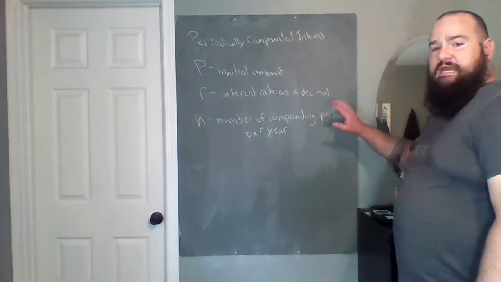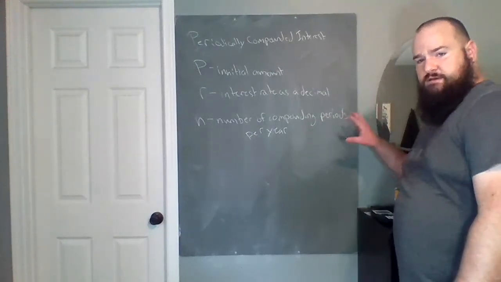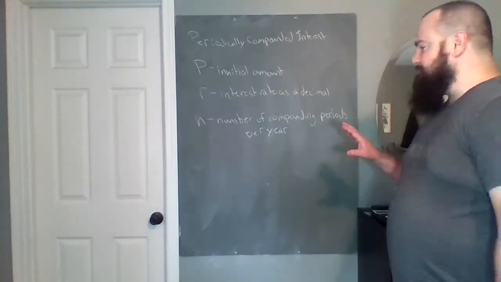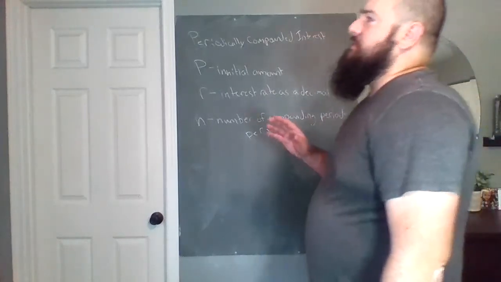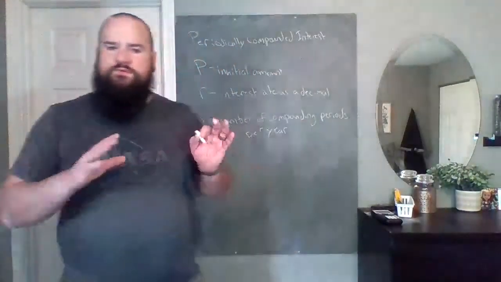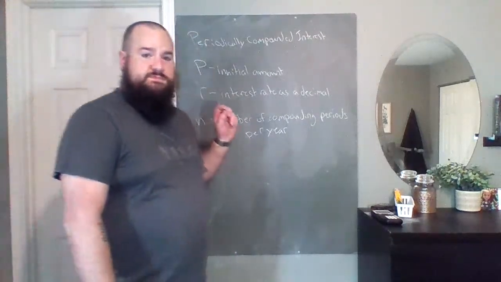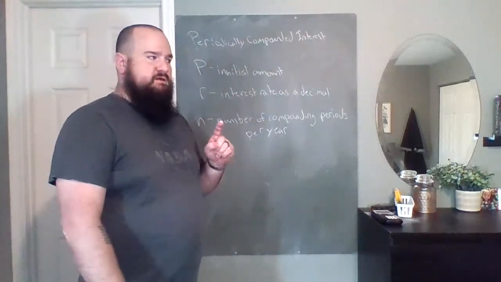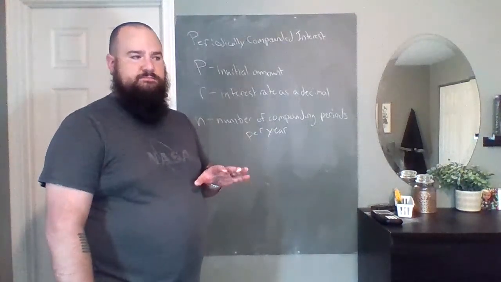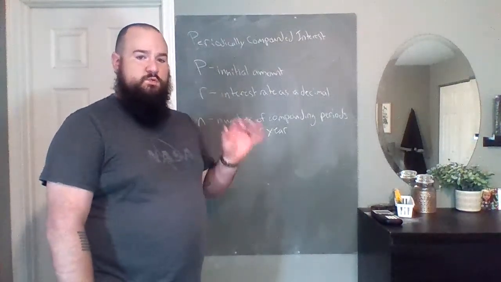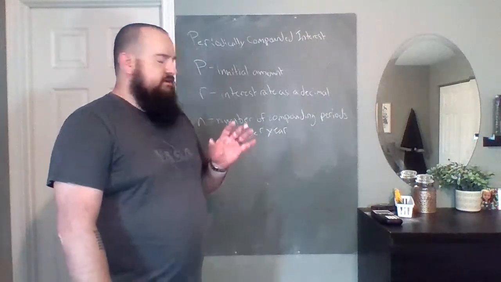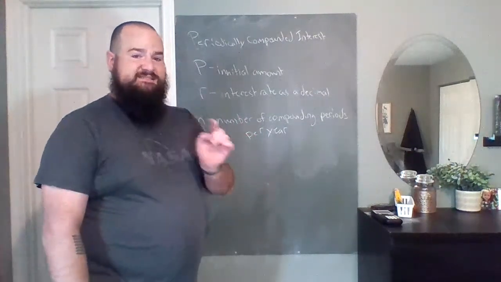So this is simply how many times in 1 year is the interest calculated. Now, when we're doing this, there's a couple caveats I want to make. First of all, there's 1 year in a year. There's 12 months in a year. There's 52 weeks in a year. There's 365 days in a year.